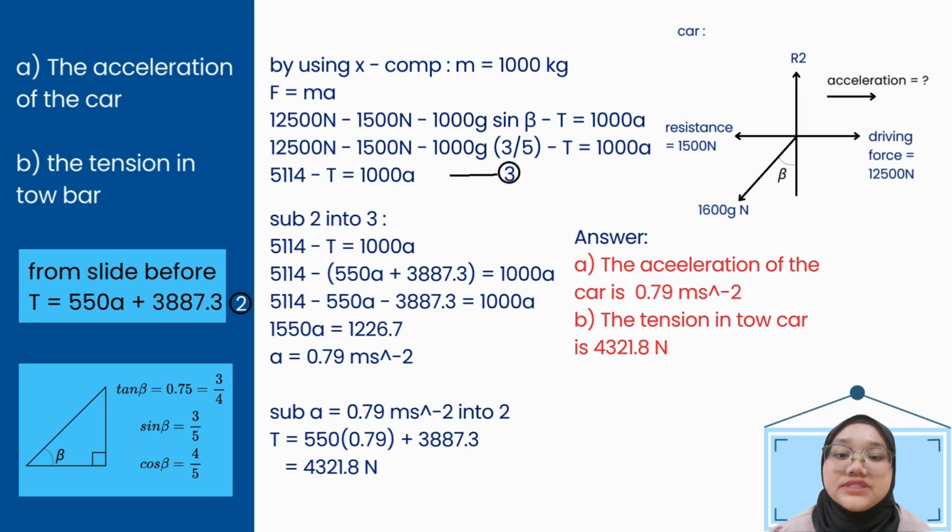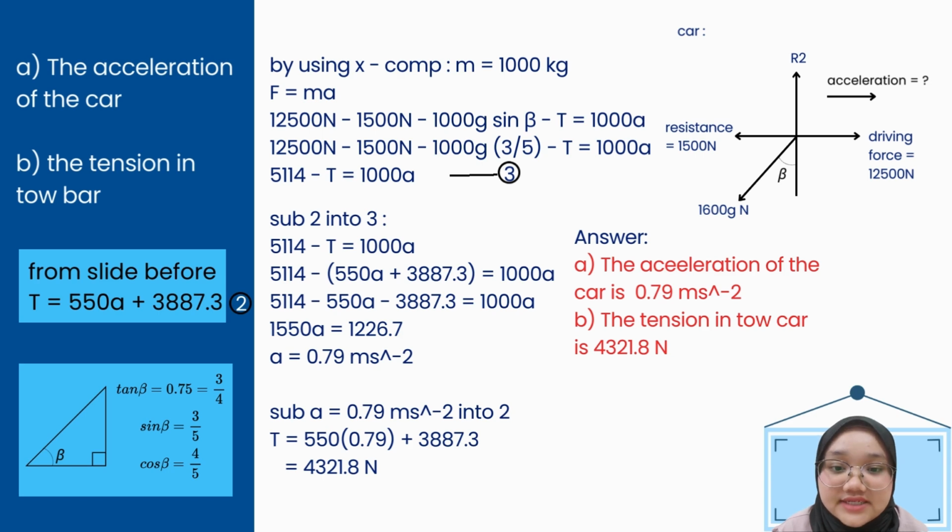And then we substitute 2 into 3, and then it will become 5,114 minus 550A minus 3,887.3 equals 1,000A.